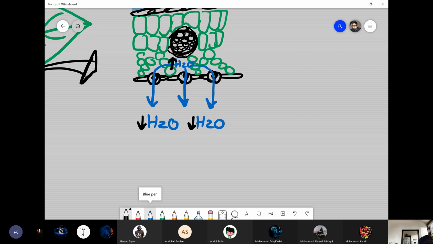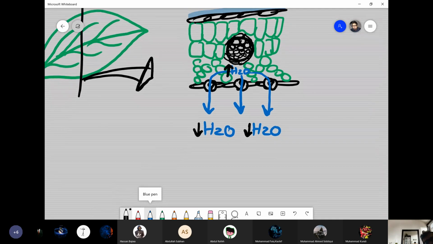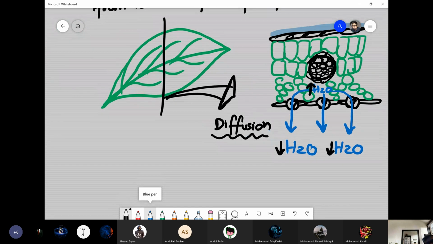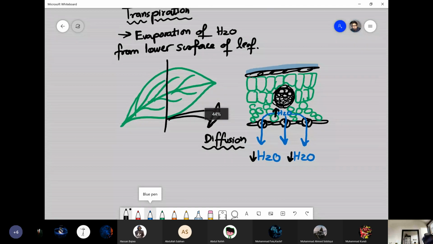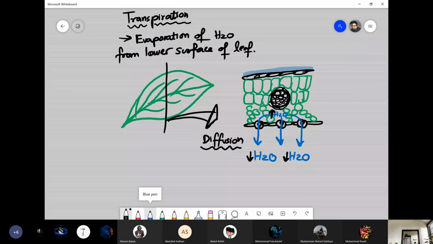Whilst this water is moving from higher concentration to lower concentration, it is moving by the process of diffusion. So the water is evaporating from the lower surface of the leaf, right? So this is what is happening, transpiration is happening. Understood, everyone? Yes, sir.